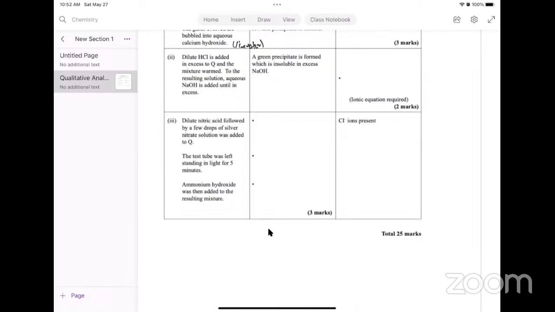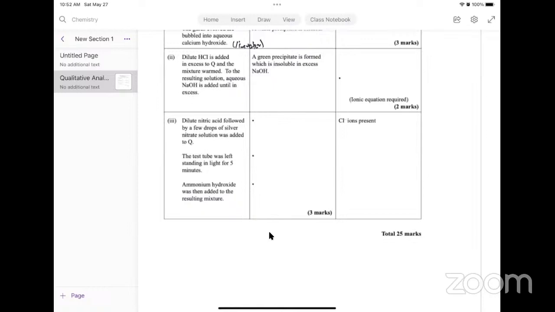So it tells us now that dilute HCl, hydrochloric acid, is added in excess to Q and the mixture warmed. To the resulting solution, aqueous sodium hydroxide is added until in excess. A green precipitate is formed, which is insoluble in excess sodium hydroxide. Now we put HCl in that just because it was a solid.